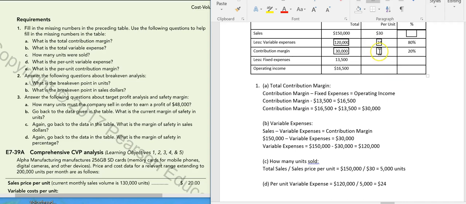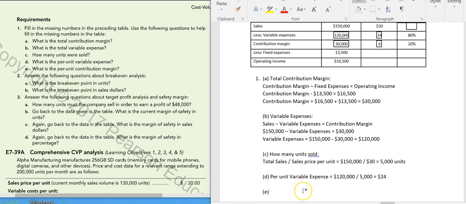Now what is the per unit contribution margin? Well, we could do it from here, right? $30 is the per unit sales price. Variable expense per unit is $24. We know contribution margin means sales minus variable expense. So if we subtract 24 from 30, we'll get $6. So I can easily write it down here, number E, which is per unit contribution margin.